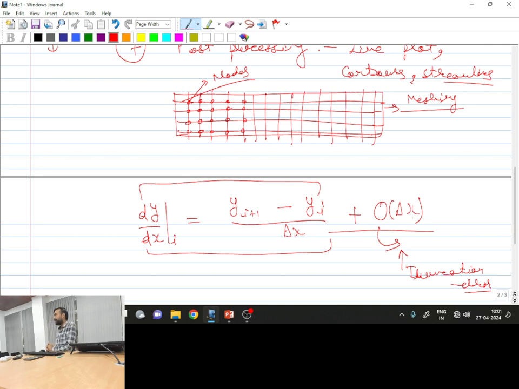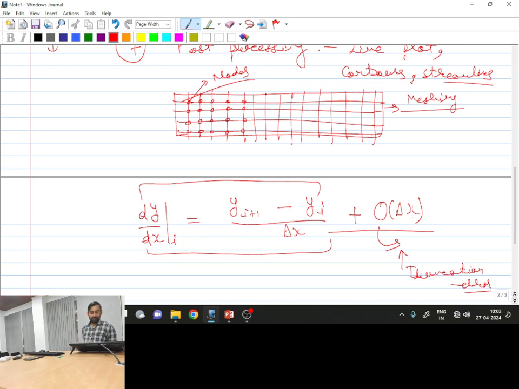The meaning is that for a large grid size, the truncation error will be more, but when you decrease the size, the magnitude of truncation error will decrease, so you will get a more accurate solution. But after a certain point, it may happen that round off error takes over the truncation error. After that point, you may again find amplification in the error. So that's why we make some trade-off.